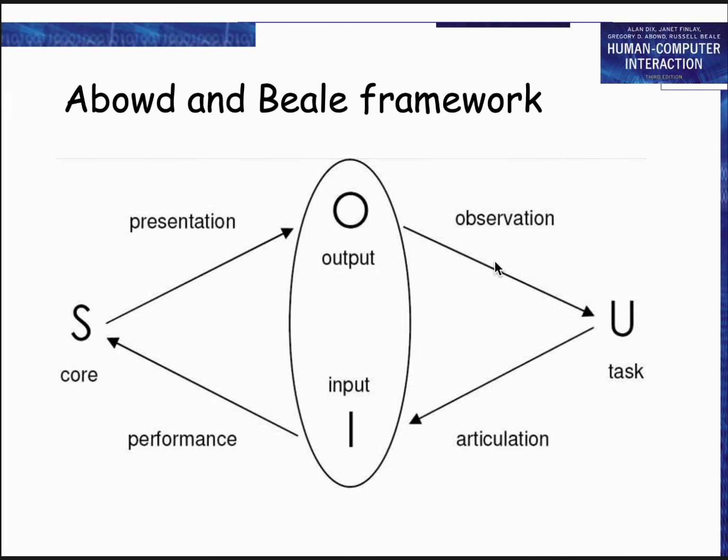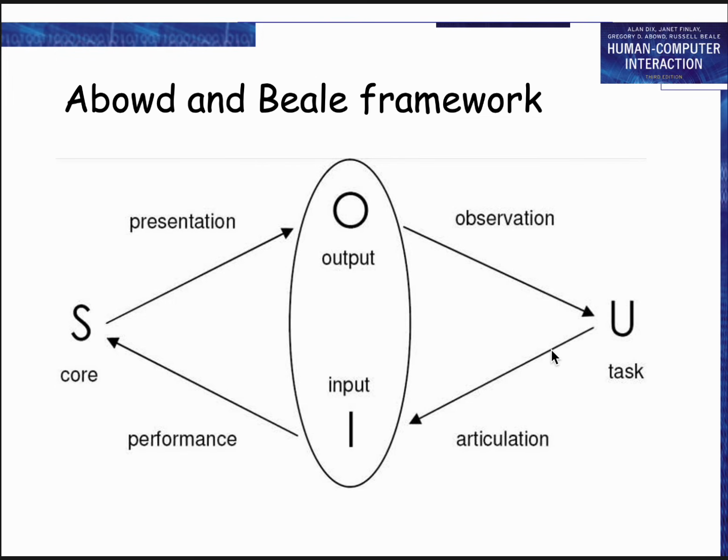So if you notice, we have here the factors or entities involved. You have the user, which is represented by U, and S is for the system. Now, to better explain this one, the user begins with the formulation of a goal and task.